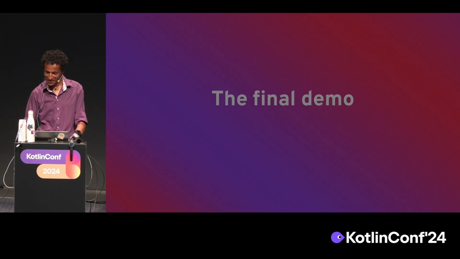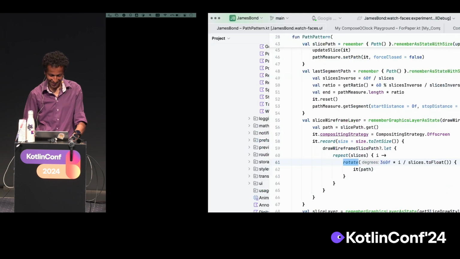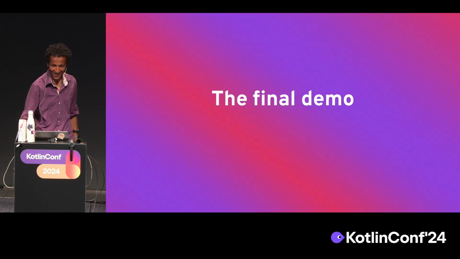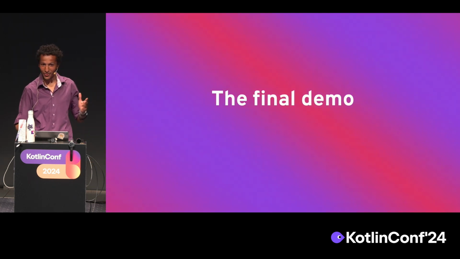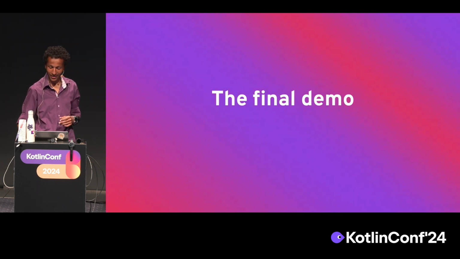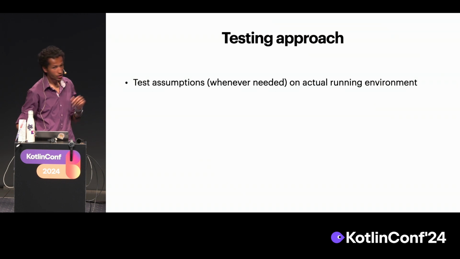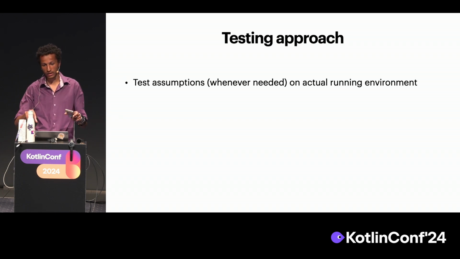25 seconds left. Maybe the final slide. And you can come to me if you have more questions. I'm happy to do other deep dives. I just wanted to talk about the testing approach. If I want to deploy every time on the watch, it can be a bit long. So sometimes I just use the IDE preview to debug, and then sometimes I do it on my phone. I made sure that what can get done on the watch also can get done on the phone.